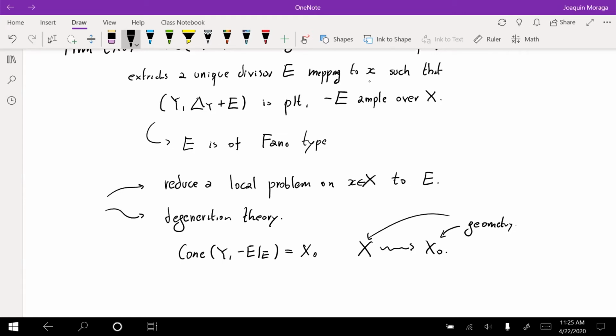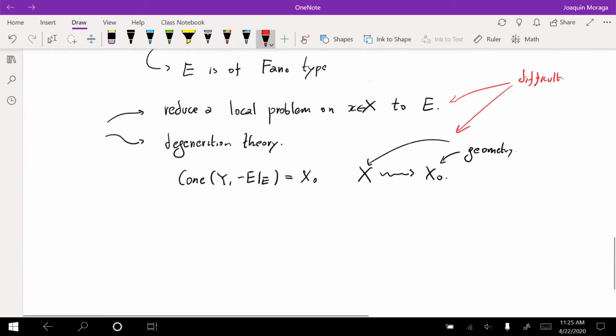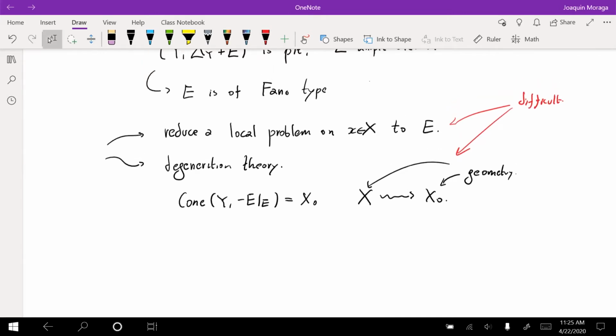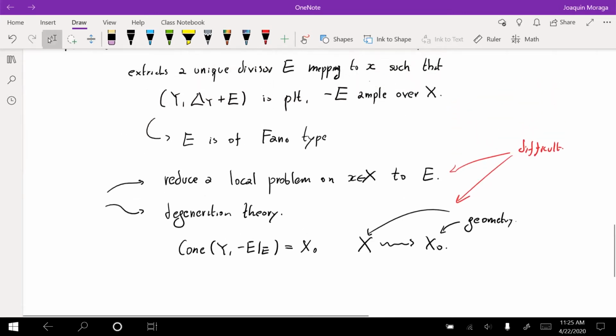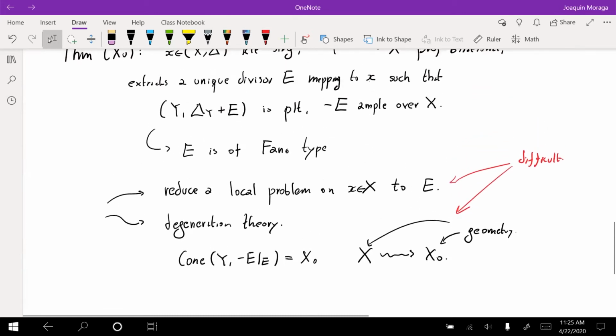But in general, we know that both of these approaches are difficult, because not every problem can be lifted to the exceptional divisor. And also, we know that when you do a flat deformation of a singularity, you will probably lose all invariants, right? If you have any invariant in algebraic geometry, they tend to be upper semi-continuous or lower semi-continuous. So controlling it on the central fiber would not necessarily imply nice control on other fibers.